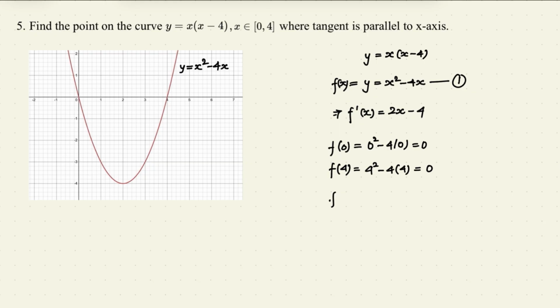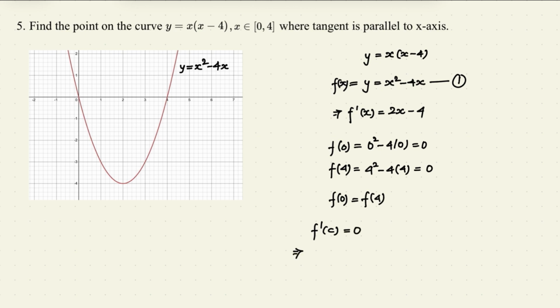Hence, f of 0 and f of 4 are equal. That means all the three conditions are satisfied to apply Rolle's theorem. So now according to Rolle's theorem, there should be a point, let us say c, such that f dash of c will be equal to 0.